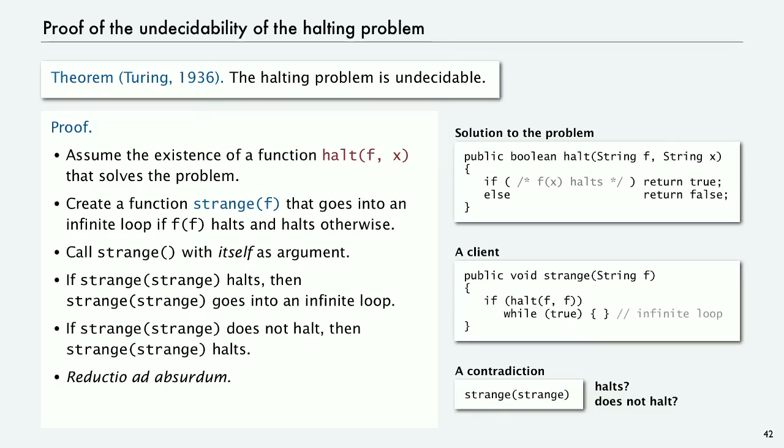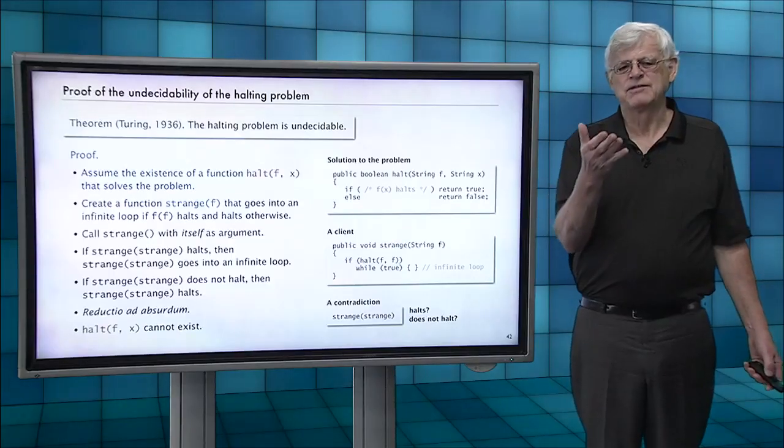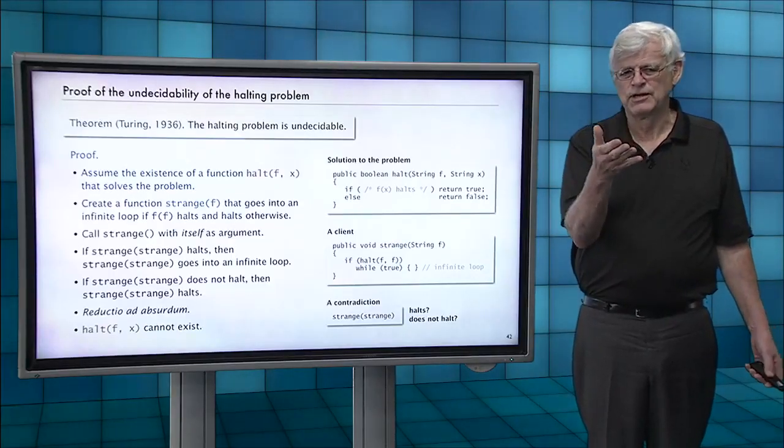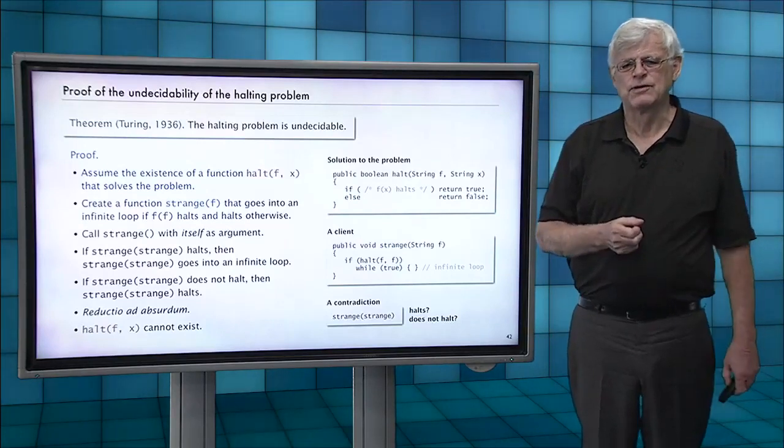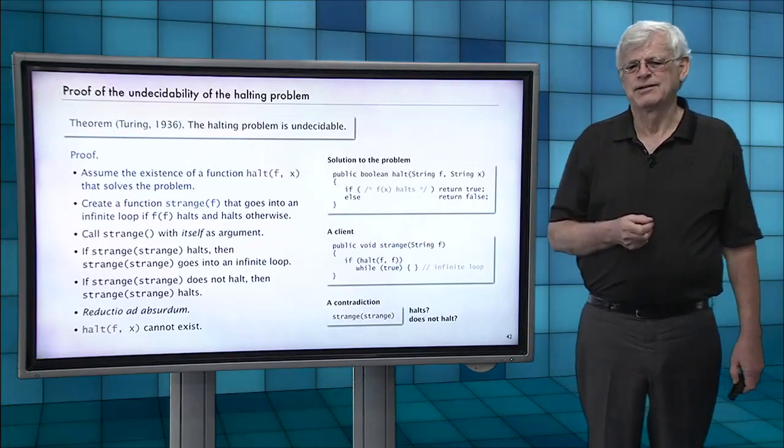And that's absurd. If we were to have a solution to the halting function, we can make this call on it, it's just a client, that either if it halts, it doesn't halt, or if it doesn't halt, it halts. And that means that since our only assumption was the solution to the halting problem, that thing cannot exist.